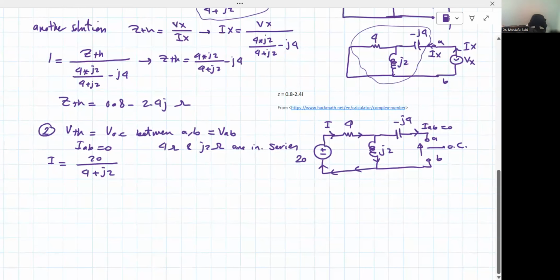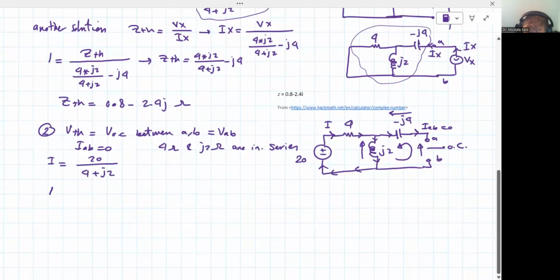So let's have a loop, that loop here, and apply Kirchhoff. The current IAB is passing through minus j4 in that way. The current I is passing from top to bottom of j2, so the voltage will be in that way.